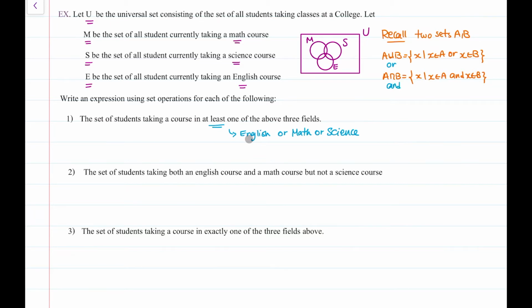Okay, now here I have English or math or science. So it would be E union M union science.